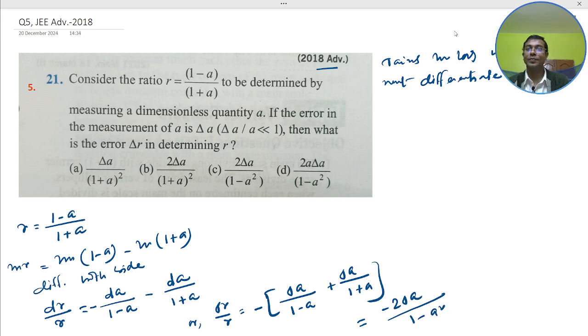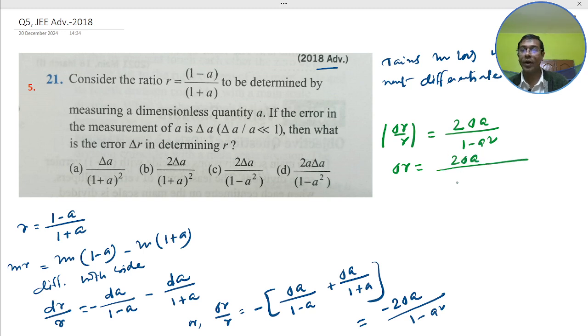Now del r by r mod value is equal to 2 del a by 1 minus a square, just the minus sign cancels out. Now from here del r we just get 2 del a divided by 1 minus a square, meaning 1 minus a and 1 plus a, times r.